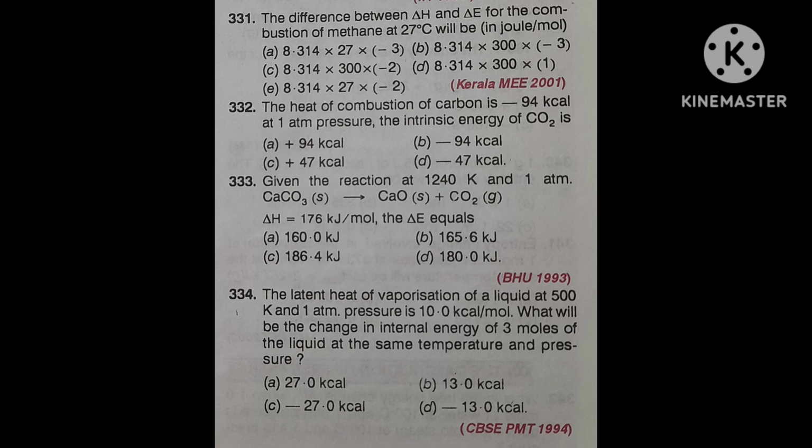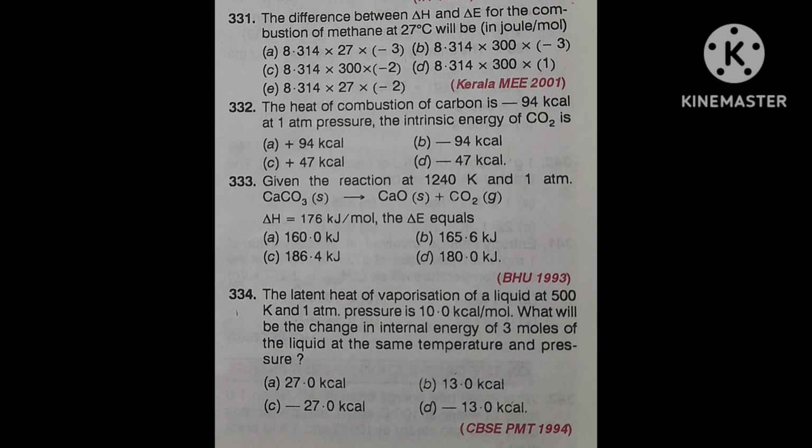Minus 3 means the number of moles decreased, which means compression took place. So delta n in the gaseous state is minus 3. Now the formula you know, which I told you in the beginning: Qp minus Qv is equal to delta n RT, or you can also write Qp is equal to Qv plus delta n RT.